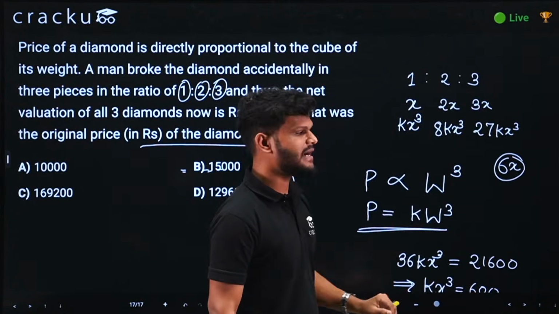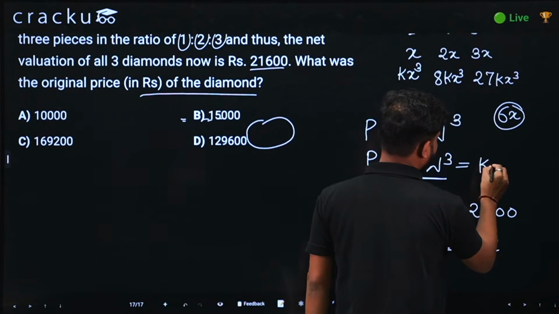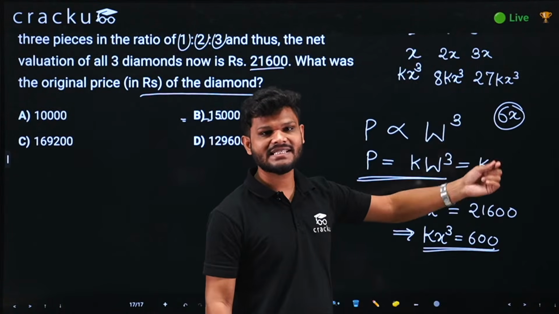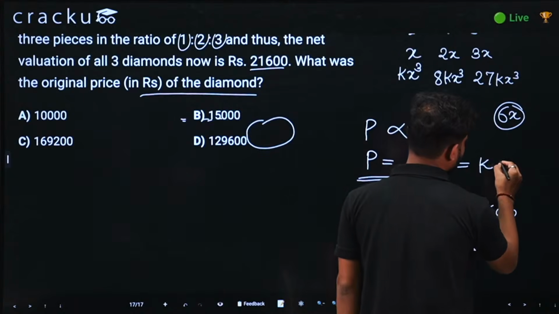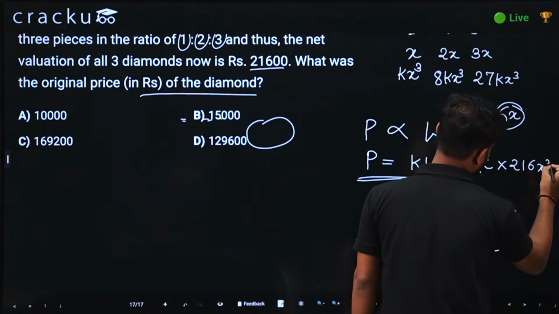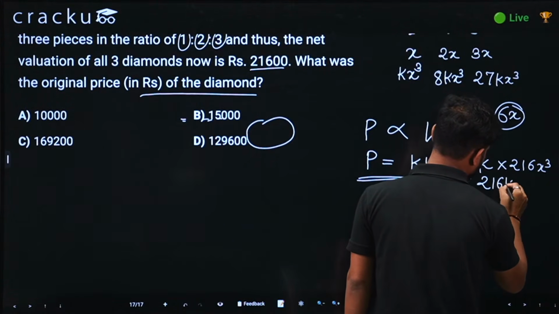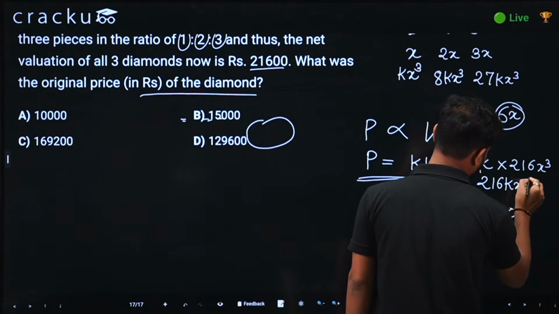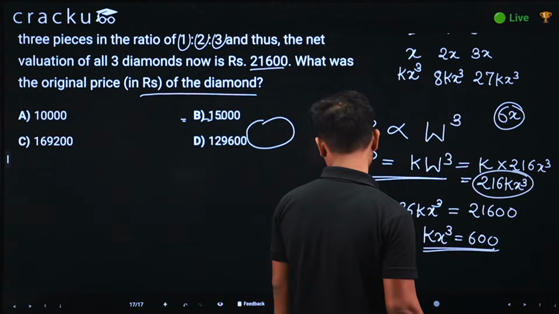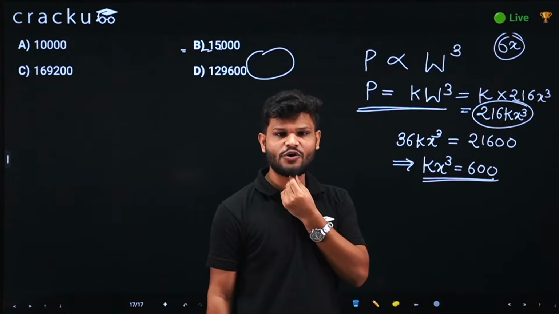If the original weight is 6x, what will be the original price? It will be k into 6x cube. So k into 6x cube is nothing but 216kx cube, right? So this is the original price. Now what is the value of kx cube?